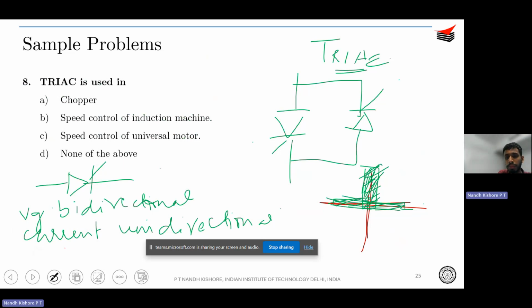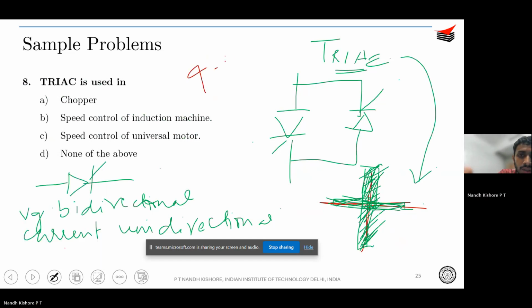So if you put two in anti-parallel, you are going to get bidirectional current capability as well. So of course you understand that a triac is a four quadrant device.